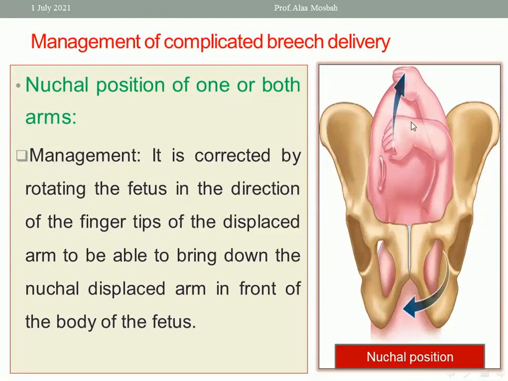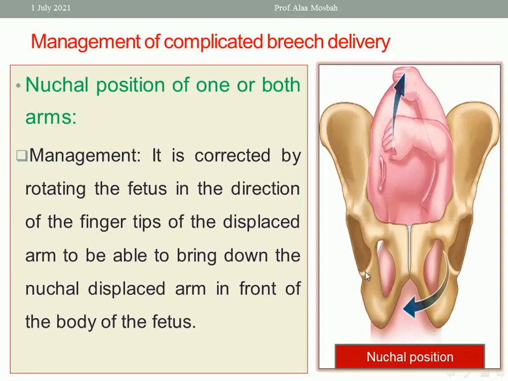Nuchal position, as you see in this picture, the arm is behind the nape. We will rotate the trunk in the direction of the tips of the fingers. Look at this tip of the finger of the baby in this direction, right? So we should rotate the trunk in this direction, like that.